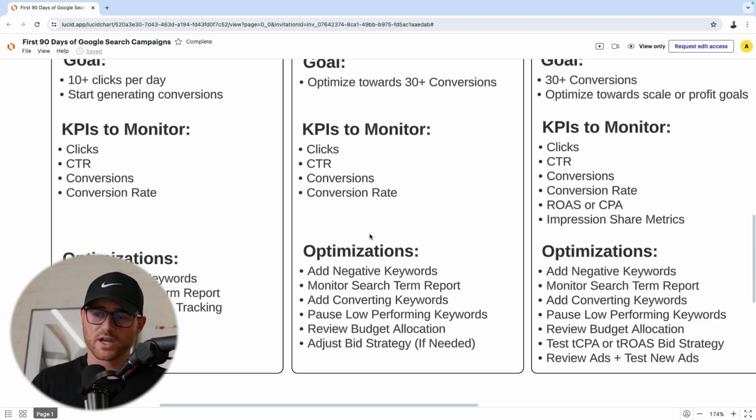Month 2, if you are on manual bidding or even max click bidding, but you're starting to get enough volume in conversions, you can start moving to max conversions then, or start at least testing that. Again, this isn't always the case, but if you've got enough conversion volume going on month 2, you can start moving to smart bidding if you're not using smart bidding.